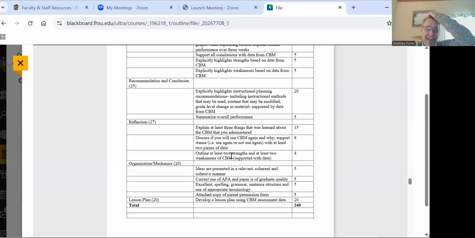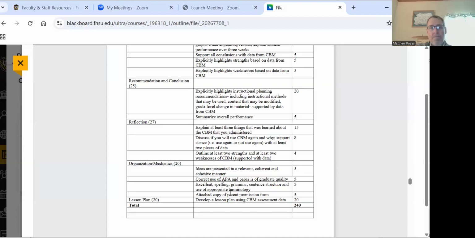Then the last part we're asking you to do is outline what you feel like are at least 2 strengths and 2 weaknesses of CBMs based on your experience administering the probes. What do you feel like overall are 2 strengths and 2 weaknesses of CBMs? Okay. And that will conclude your reflection section.